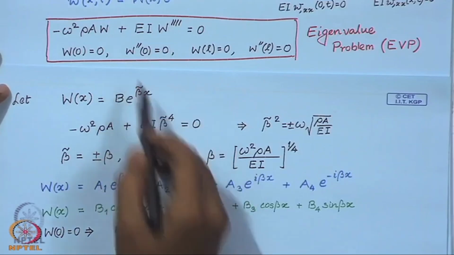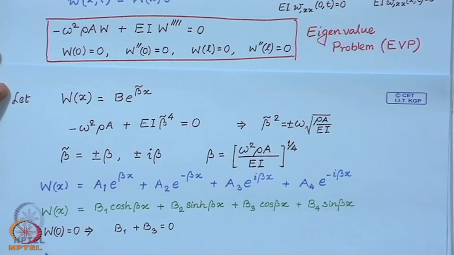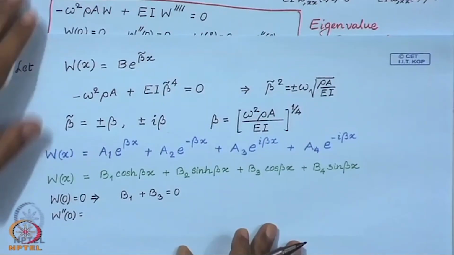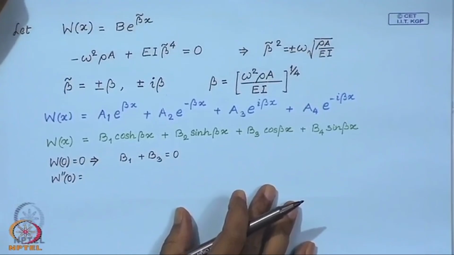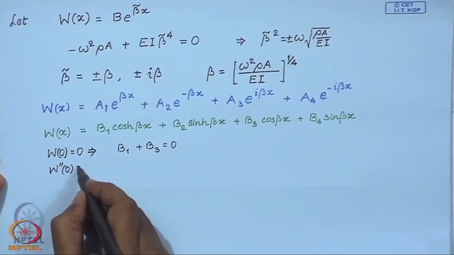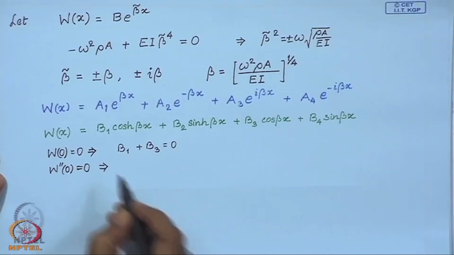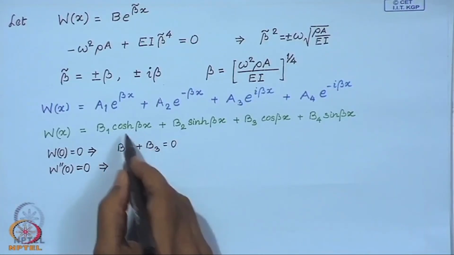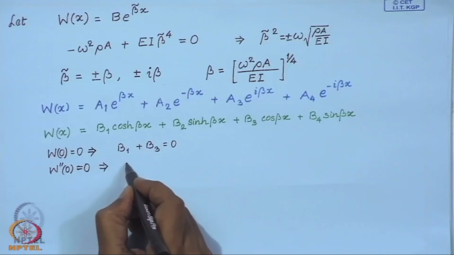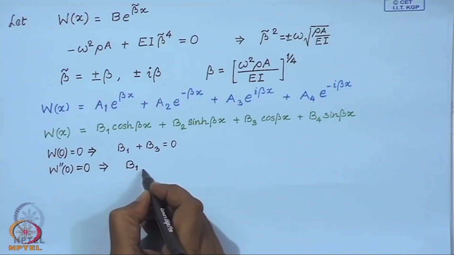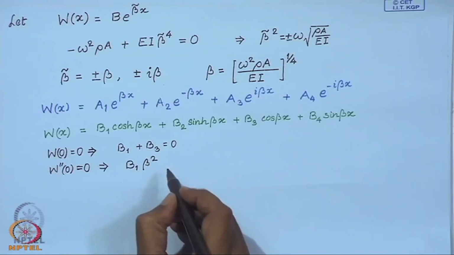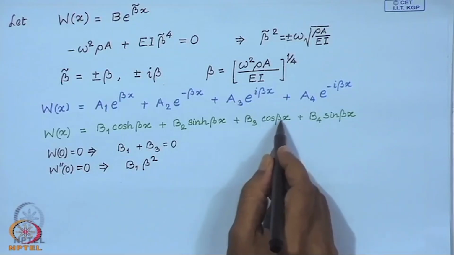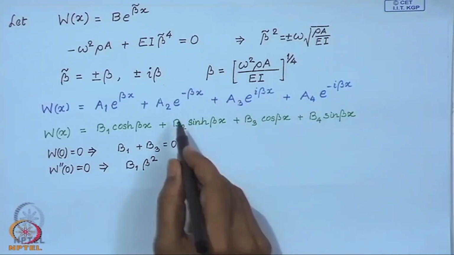If you use the second boundary condition, then this will get differentiated 2 times, and all these terms will get differentiated 2 times.